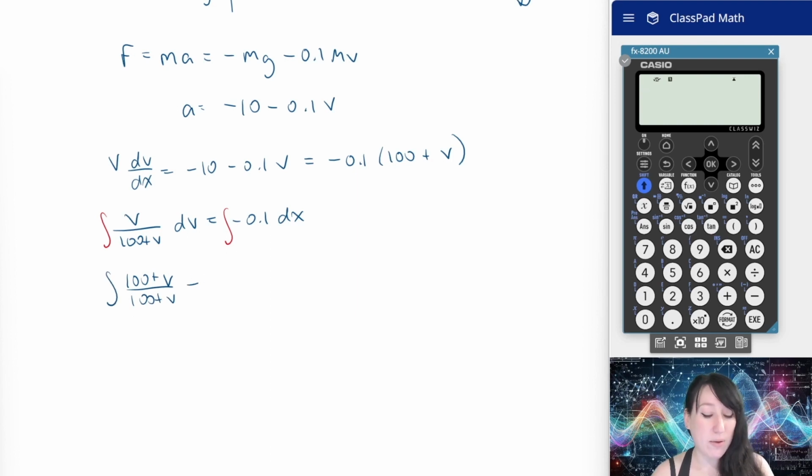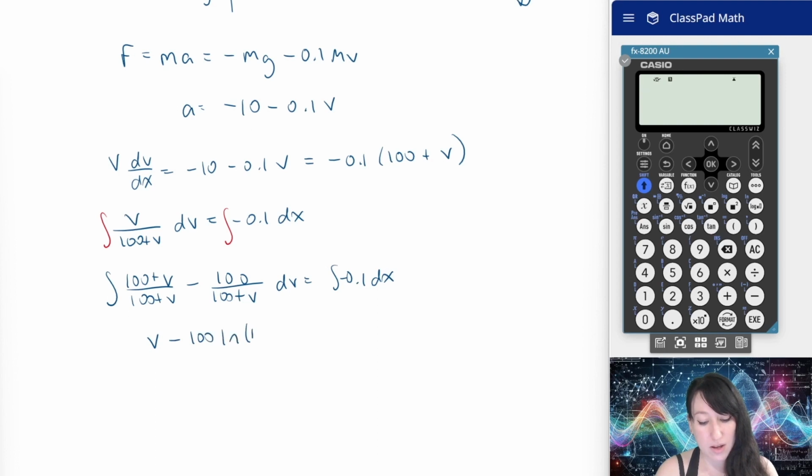And we'll separate out the minus 100 to its own fraction. So that's going to be the integral of 1, which will be v minus 100 ln of 100 plus v. And on the right-hand side, we get negative 0.1x plus a constant.